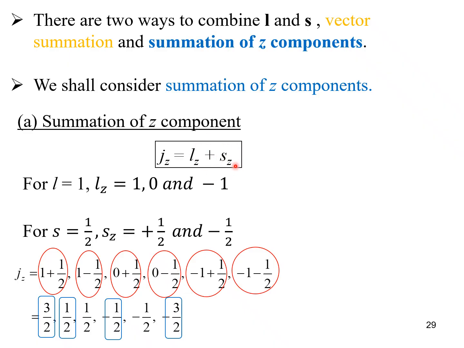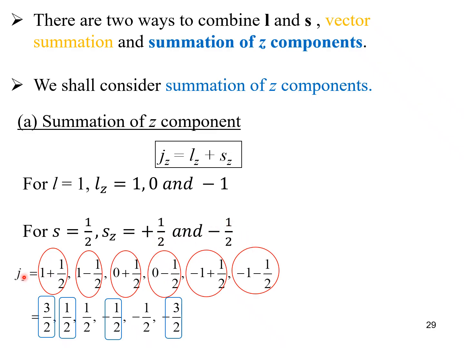The total of these two parameters will give us the total angular momentum quantum number with reference to the z-axis, Jz. So just now we have found that for one electron in p orbital, we have L equals 1 and Lz is +1, 0 and -1. Similarly, S equals 1/2 because we have only one electron, while Sz equals +1/2 and -1/2.